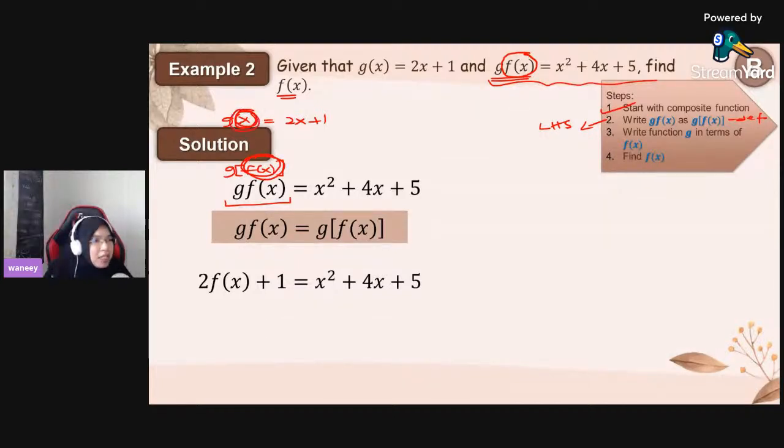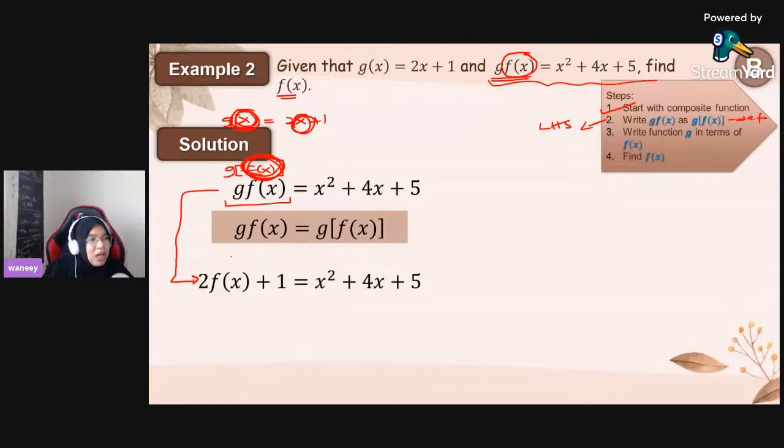Dekat mana kita nampak x, kita akan gantikan dengan f(x). So this one will become 2f(x) plus 1, and they will be equal to x squared plus 4x plus 5. The only thing that changed over here is the left hand side. So instead of writing down g(f(x)), I will use g with a bracket over there, and then I will replace the x inside the g with f(x).